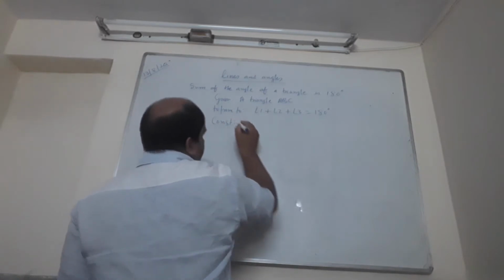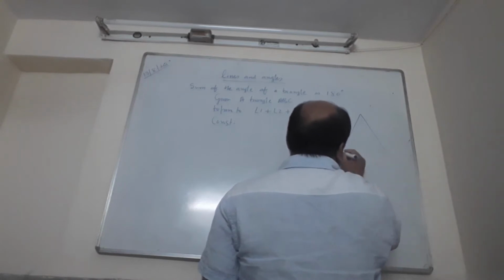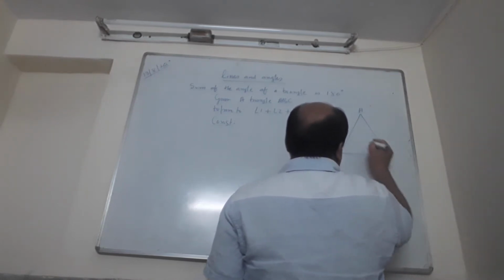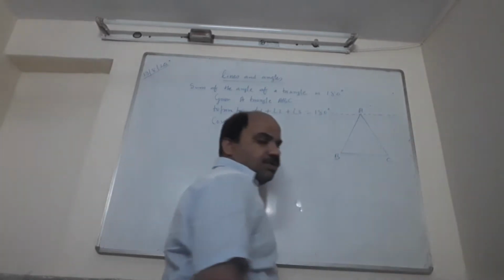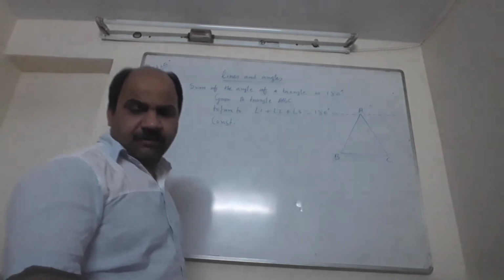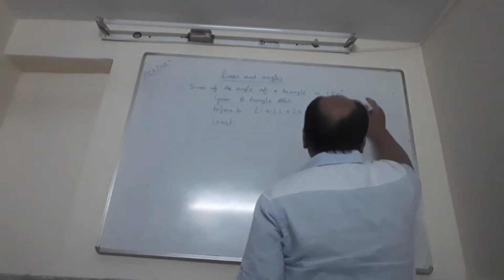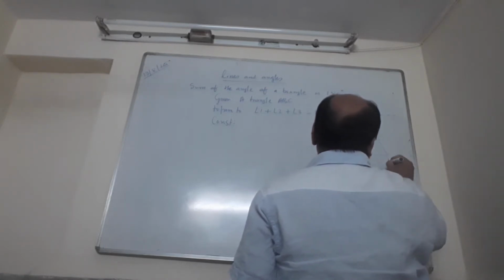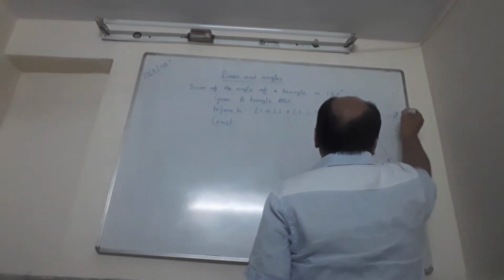Now constructions. First of all, we will draw the triangle ABC. Construct a line parallel to BC, in which you can name the points P and R, and give the name of this line XY.